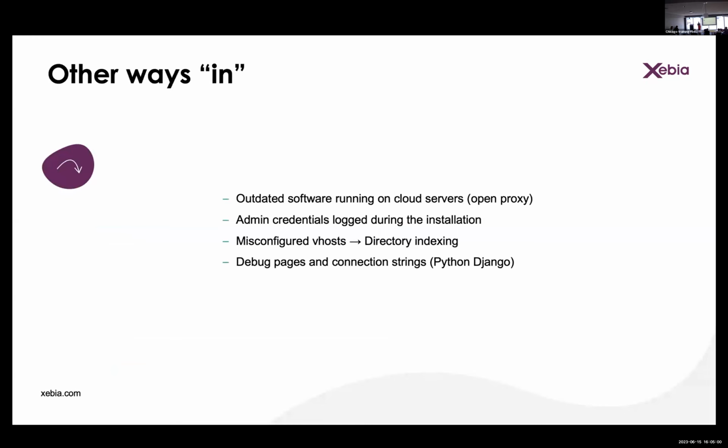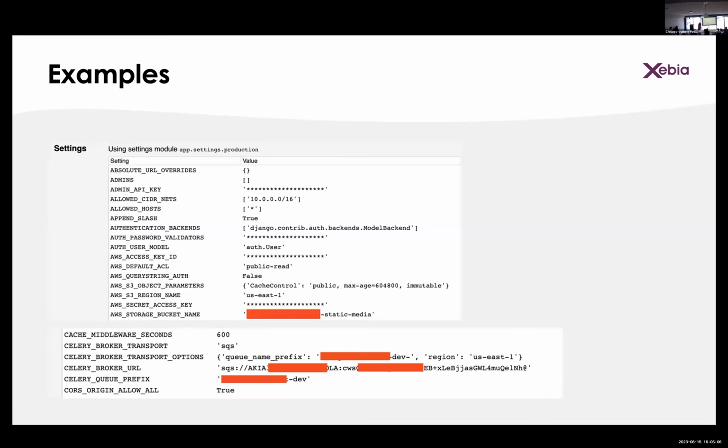Next one, debug pages from different frameworks, and this one is Python Django. It's pretty nice, and it knows that it should hide credentials. If there is a variable with key or password, it should mask it. But then we have broker URL.